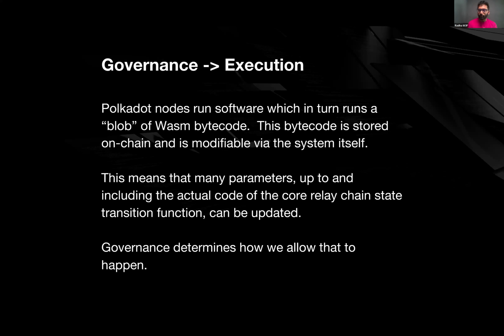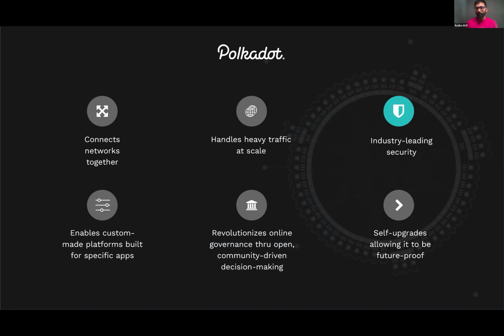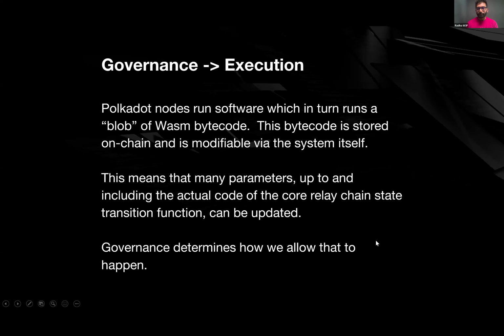Only when the proposal passes, becomes a referendum, and is voted yes by all the interested parties, which can include validators, nominators, institutions, whoever is interested in the future of the blockchain network, does the code actually go onto the network. And once it goes onto the network, everybody has to agree on it. I'm going to mention why when I get to the self-upgrades part. But that's how governance works in Polkadot. It eliminates the need for forking in the network.